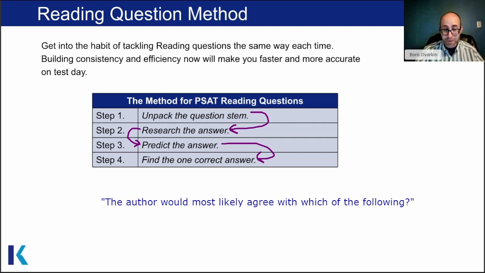If that happens, then you can't really make a prediction. So you take an alternate approach from step 1 to step 4. You say, okay, unpack the question stem. Oh, there's nothing to unpack here. Time to go to the choices and compare them to the passage to see which one works. Okay, let's do some questions together. And then we're going to wrap up today with some writing and language practice.